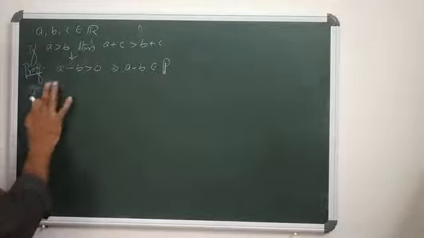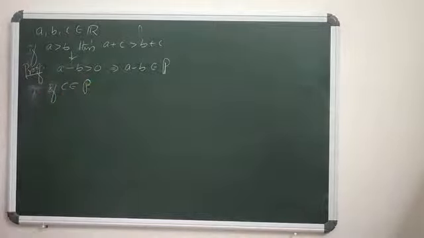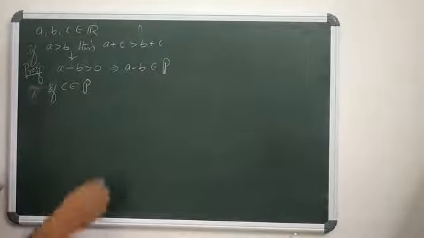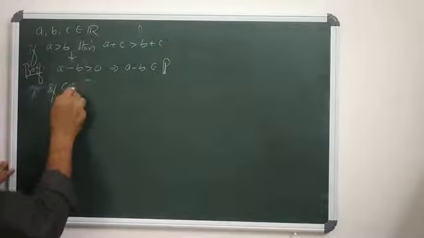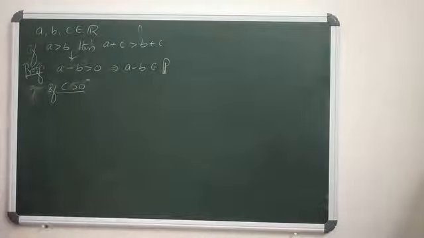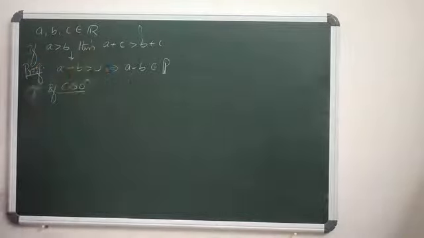Now clearly, if C falls in P, C is a positive real, or C is greater than 0. There are two possibilities. A is greater than B, then A plus C greater than B plus C is our requirement.